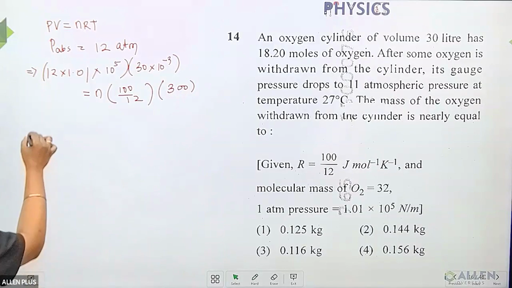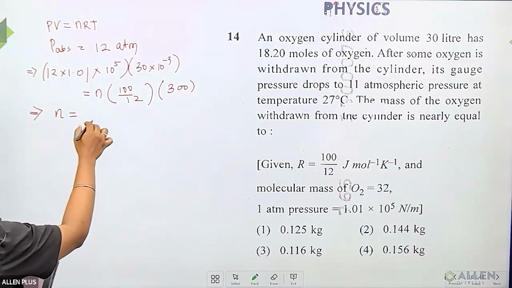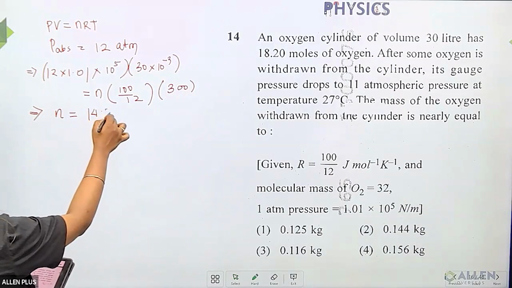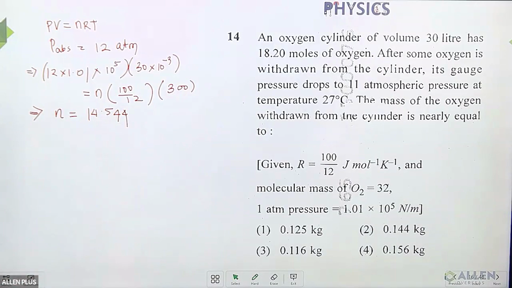On simplification of this equation, you will get the value of n to be roughly equal to 14.544.